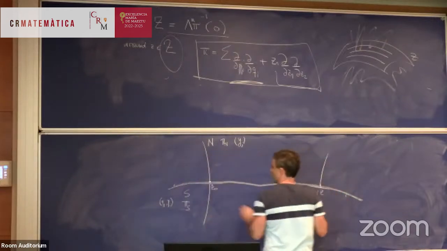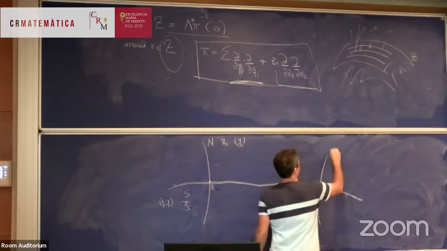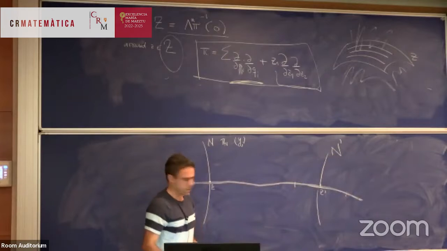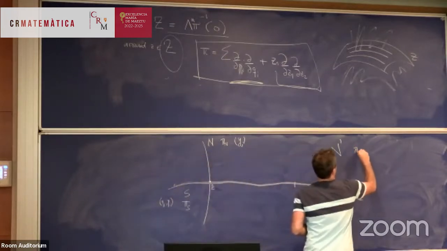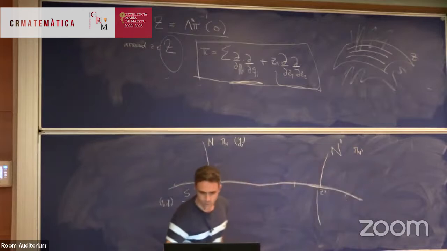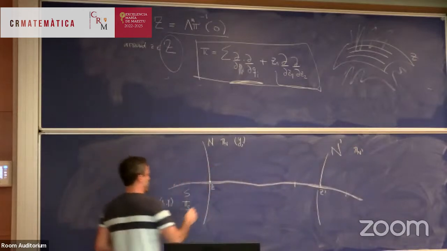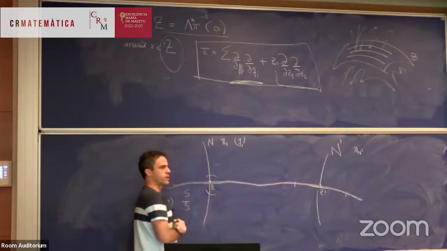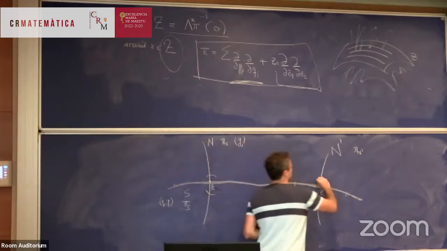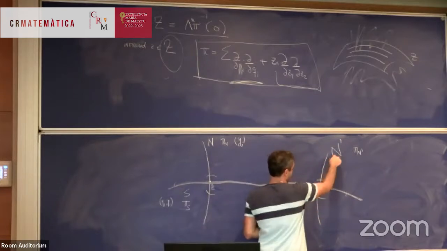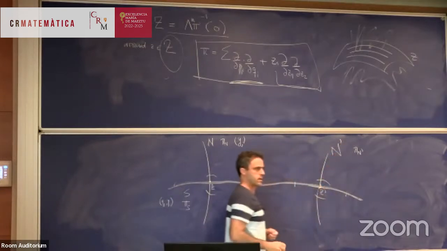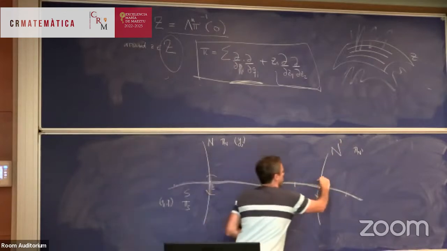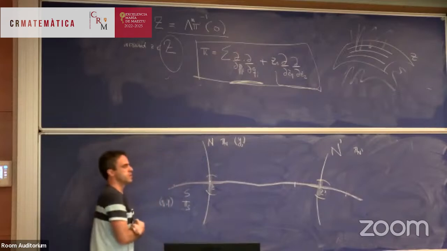So we have Z, Z prime, N, N prime. There is a neighborhood of Z in N and a neighborhood of Z prime in N prime, and a Poisson isomorphism between them.